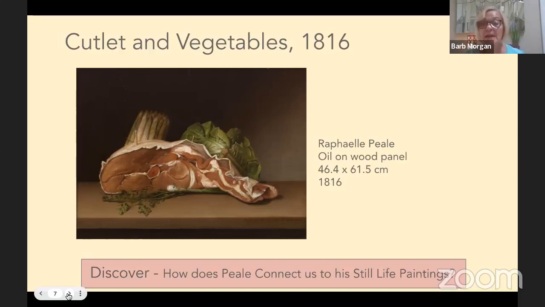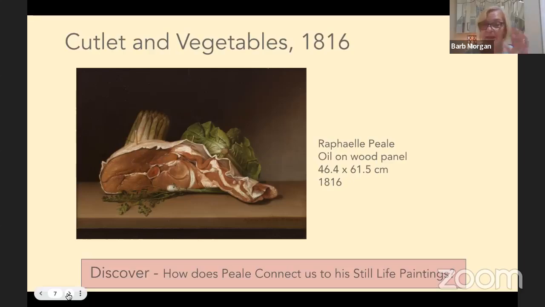And this one is considered his largest. The size of that is approximately 18 by 24 inches. And that is his largest still life. And we have it at our Timken.